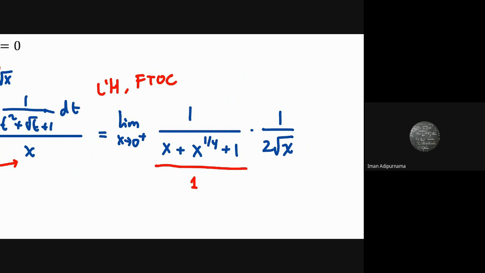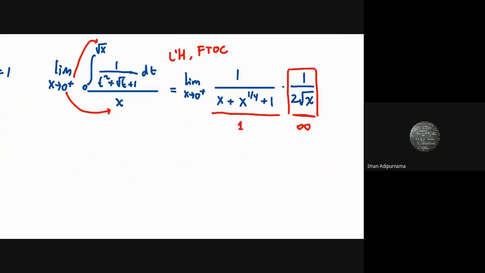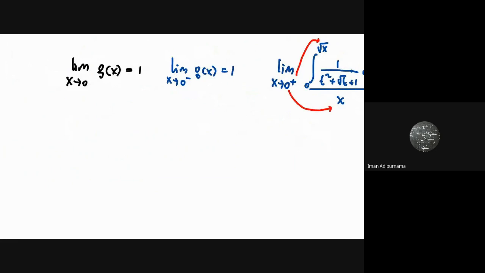But the second part here will be divergent, right? So if you forget this chain rule, you may answer it's correct. But since this diverges, we can conclude that this is not equal to this, which means this becomes a false statement.